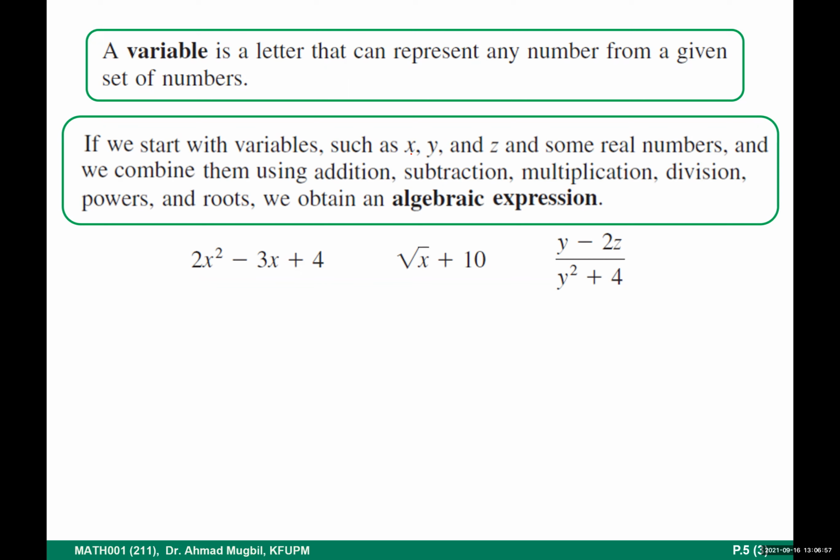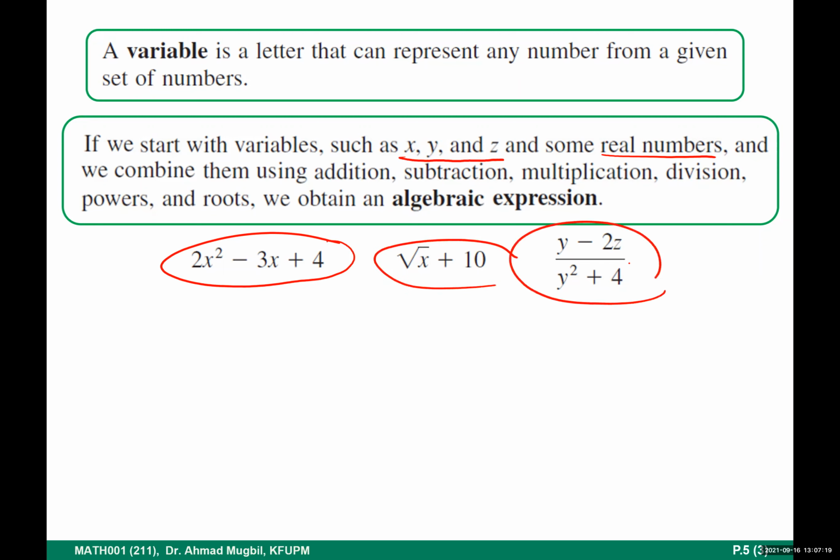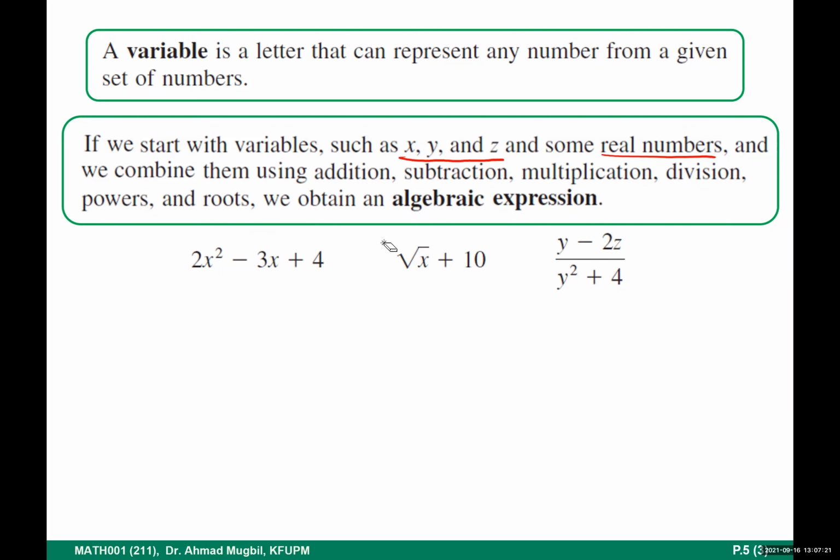If you have variables such as x, y, or z, and some real numbers, combined together by addition, subtraction, multiplication, division, powers, roots, and so on, then we have what is called an algebraic expression. All of these are algebraic expressions.